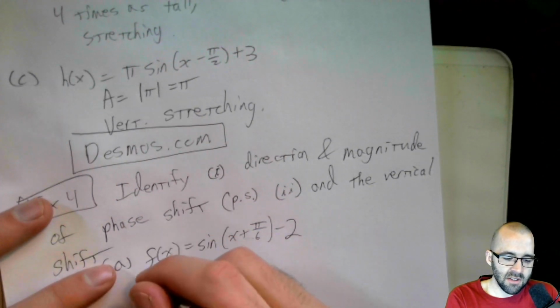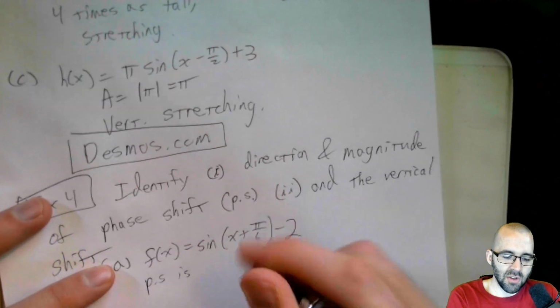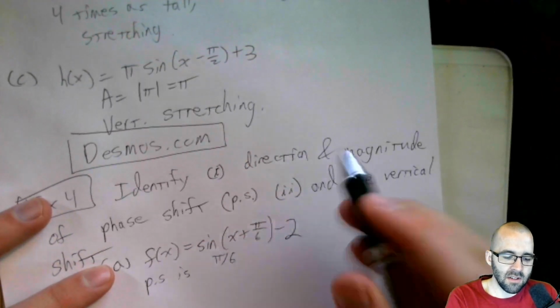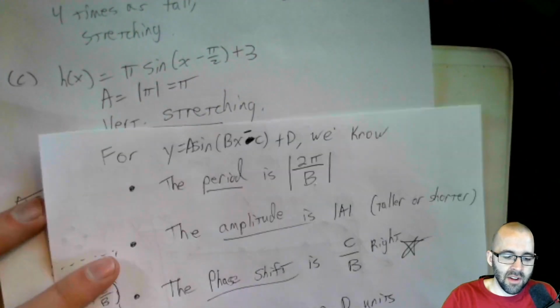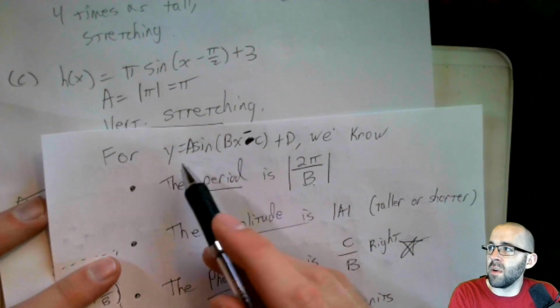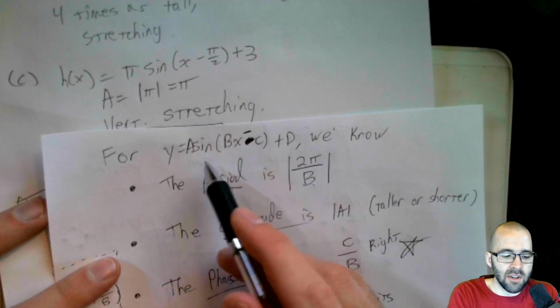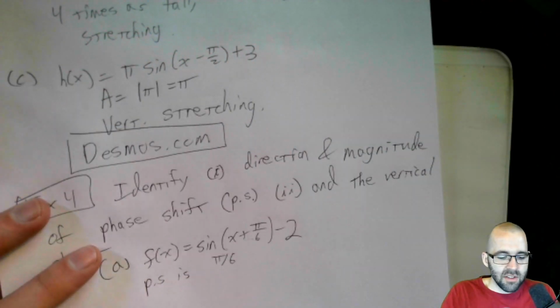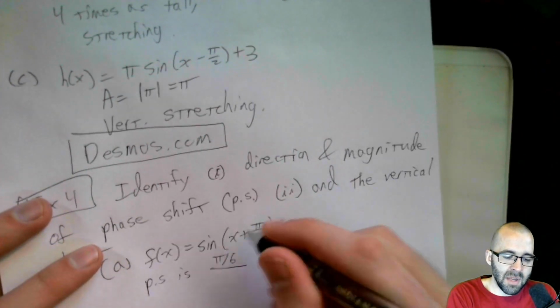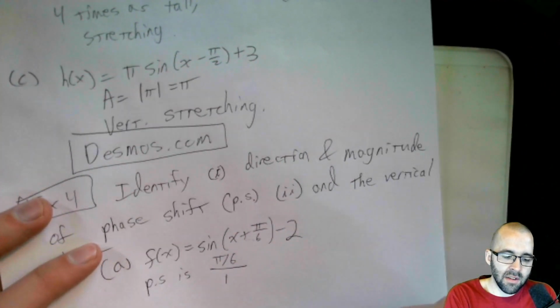So the phase shift is going to be pi over 6. That's our c here in the formula. Remember the standard form of a sine graph, it's going to be that c divided by b. b is the coefficient of x, which is 1.